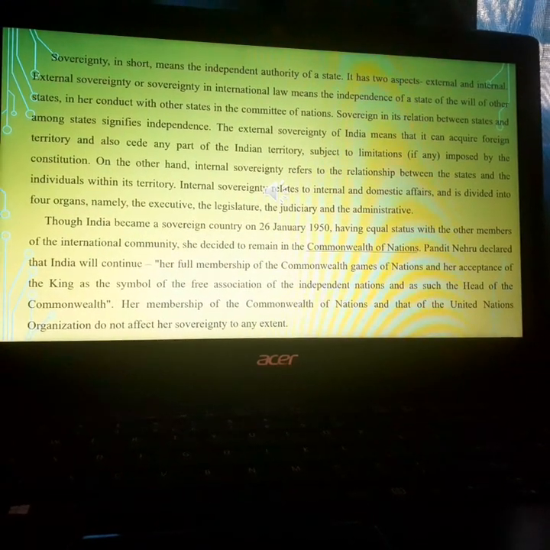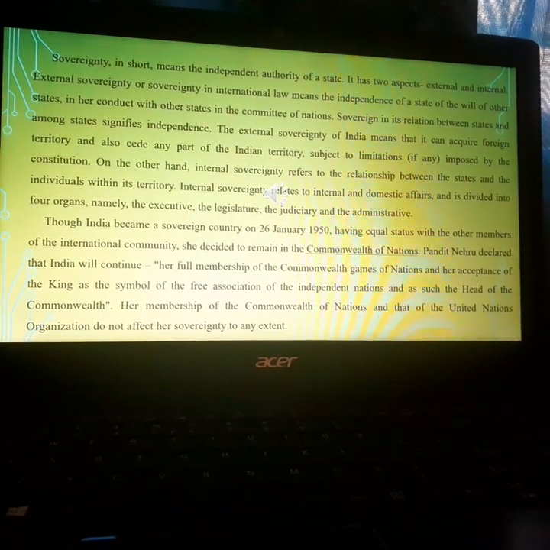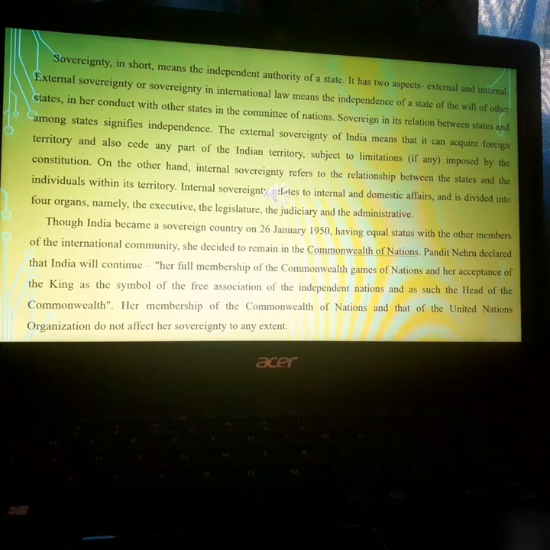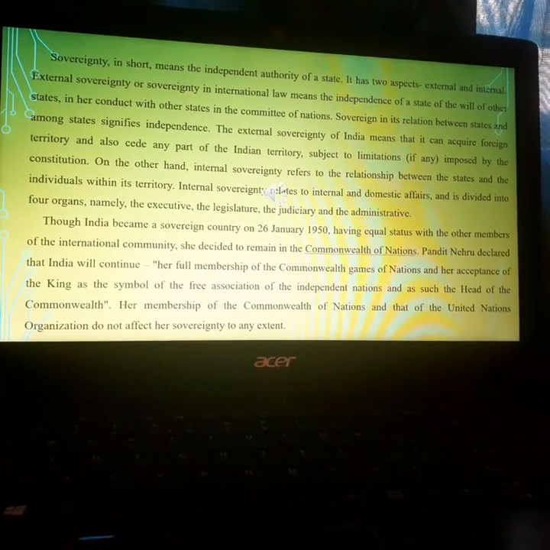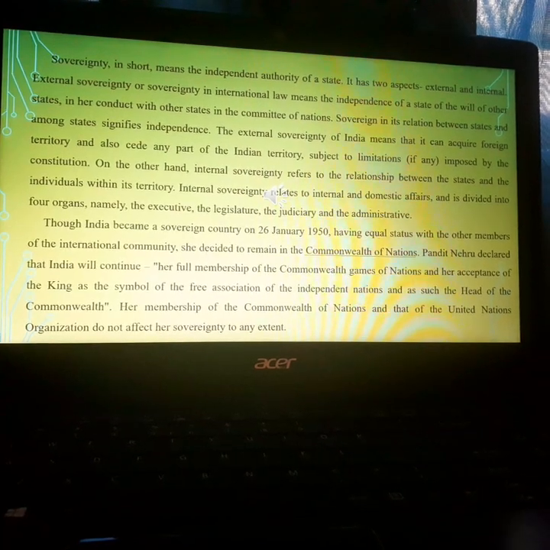The external sovereignty of India means that it can acquire foreign territory and also cede any part of the Indian territory, subject to limitations imposed by the Constitution. On the other hand, internal sovereignty refers to the relationship between the state and the individuals within its territory.